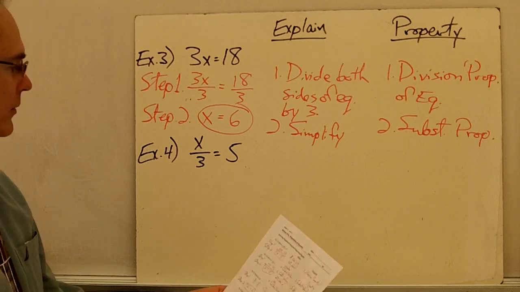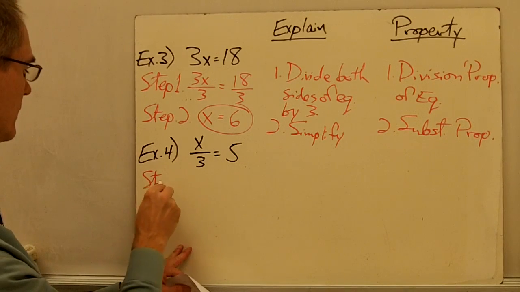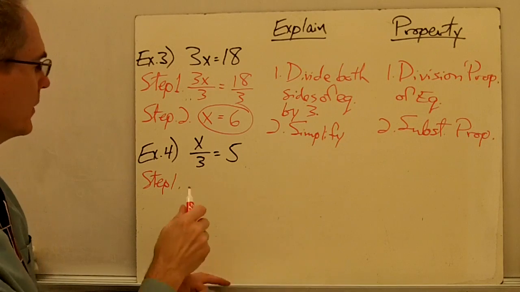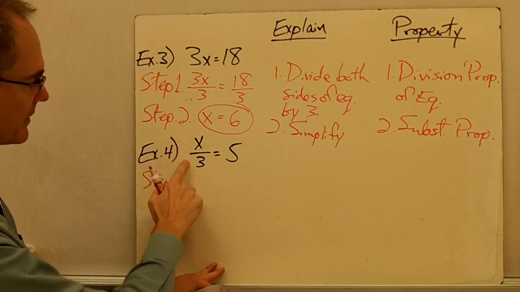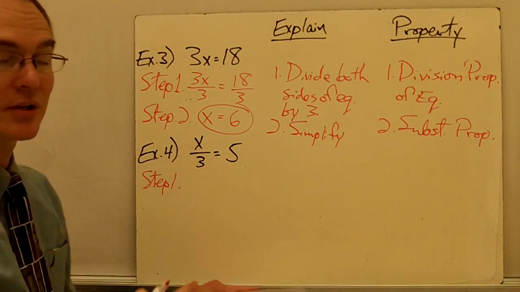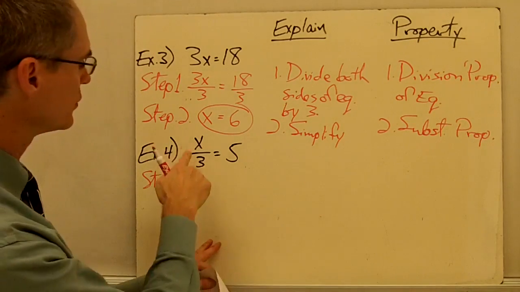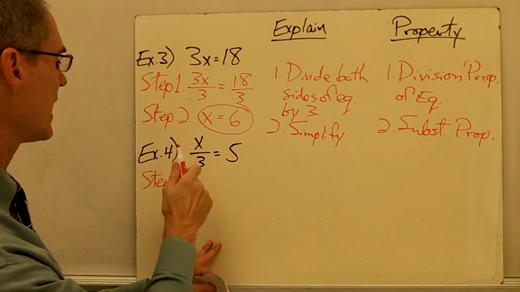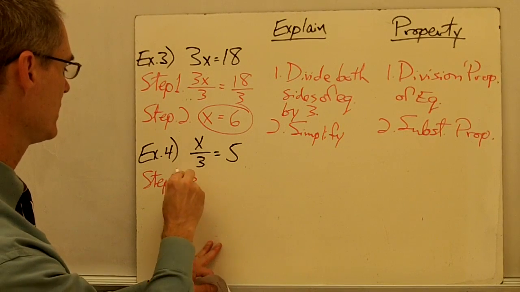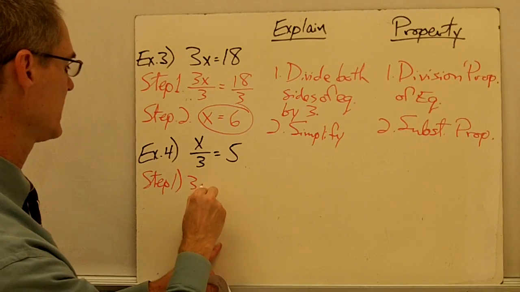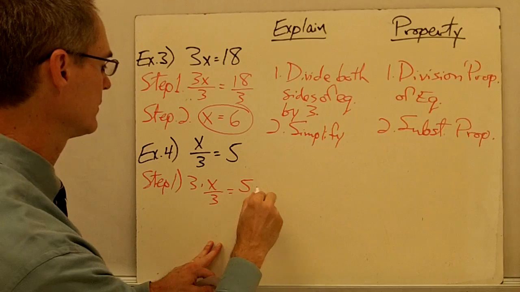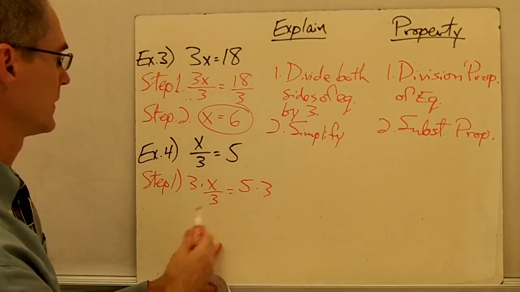Example number 4. Step number 1. Since I've got a division on this side, x divided by 3, my first step is going to be to multiply to undo this division. So I'm going to multiply both sides of my equation by 3. So I'm going to have 3 times x over 3 equals 5 times 3.